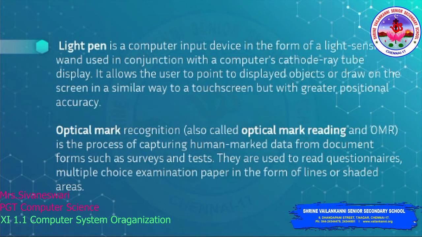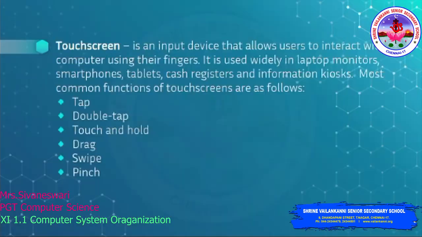Optical mark reader, OMR. It is the process of capturing human-marked data from document forms such as surveys and tests. They are used to read questionnaires and multiple choice examination papers in the form of lines or shaded areas.